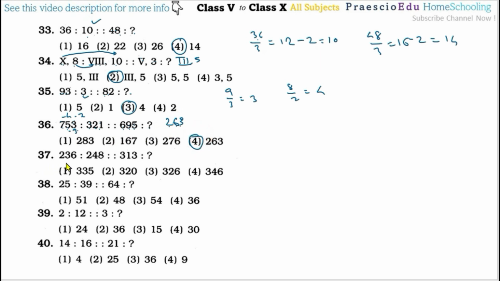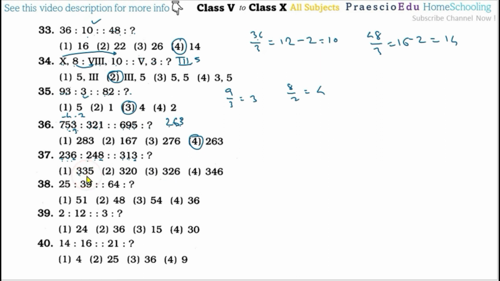Question number 37. 236, 248, 313. So here the first two digits, the 2 and 3, their product is the last digit. So likewise 2 multiplied by 4 is 8. So here 3 multiplied by 1 is a 3. So likewise this same criteria has to apply in all the 4 options, to find which is the correct one.